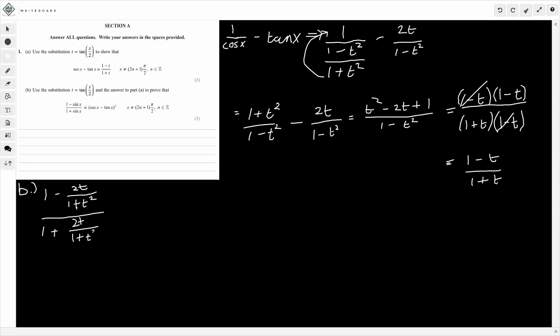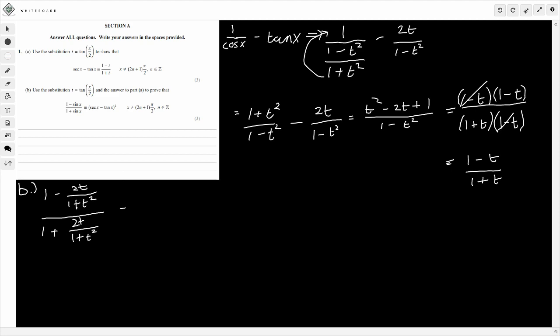Now here, we have to be able to manipulate this. So what's the easiest way? Well, notice we've got 1 plus t squared in both this part of the numerator and this part of the denominator. So the easiest way to simplify would be to multiply top and bottom by 1 plus t squared.